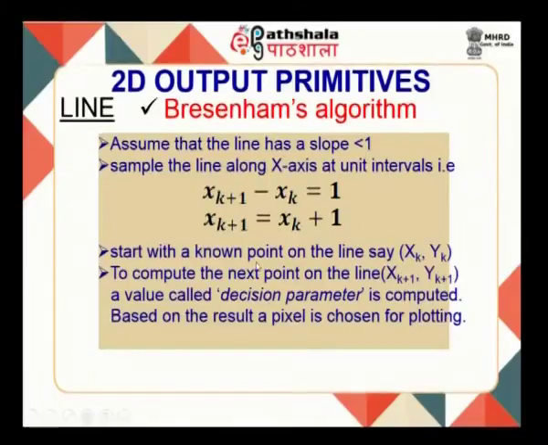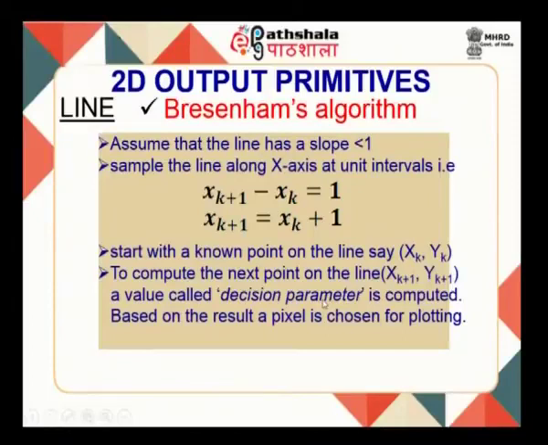Start with a known point on the line, say x k comma y k, which is a known computed point on the line. Our aim is to compute the next unknown point on the line. Let us indicate that as x k plus 1 comma y k plus 1. How do we compute the unknown point on the line? The next unknown point is found using a variable which we call the decision parameter.